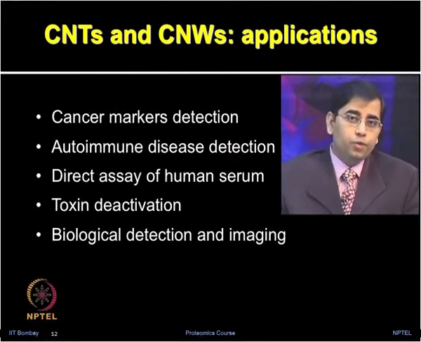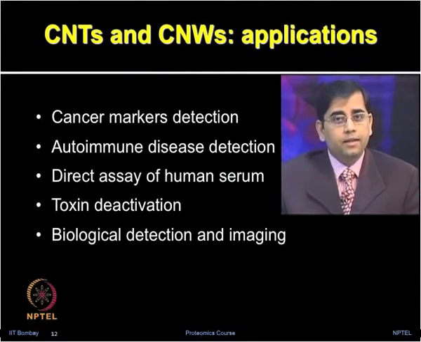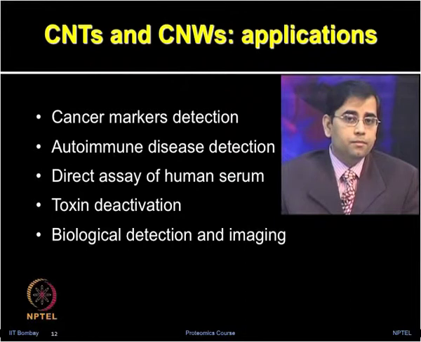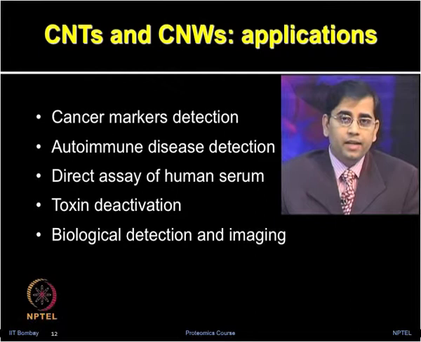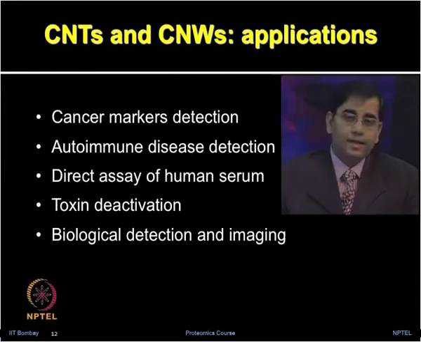It has also been used for autoimmune disease detection, direct assaying of human serum, deactivation of toxins, biological detection and imaging. These are just a very small list of unlimited applications which have emerged out of these potential techniques.